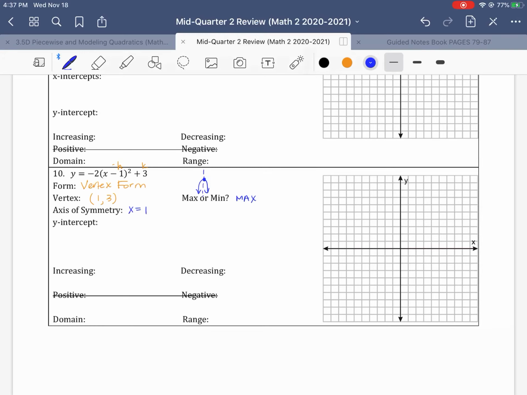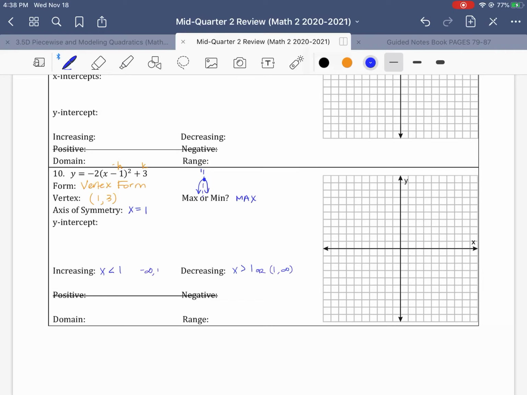And again, if this is our axis of symmetry at 1, it looks like our graph is increasing first and then decreasing on the right. So we're going to increase on the left and then decrease on the right of our axis of symmetry, which is at 1. Again, if you want to write 1 to infinity, you can do it that way too.